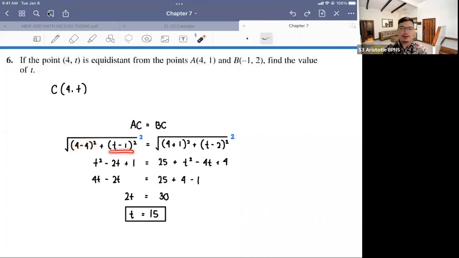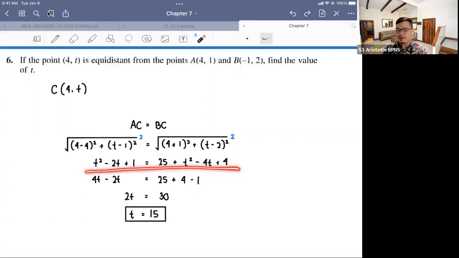Then bring down t minus 1 squared. Expanding this, you'll get t squared minus 2t plus 1. And on the right side, 4 plus 1 squared is 25, and t minus 2 squared is t squared minus 4t plus 4.